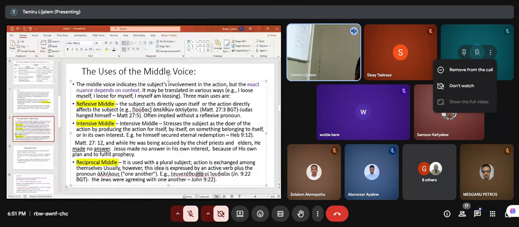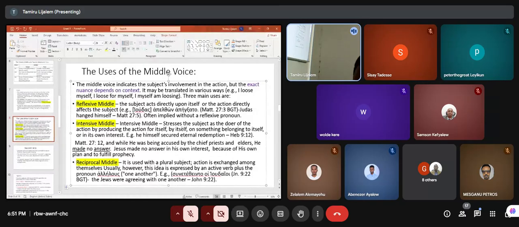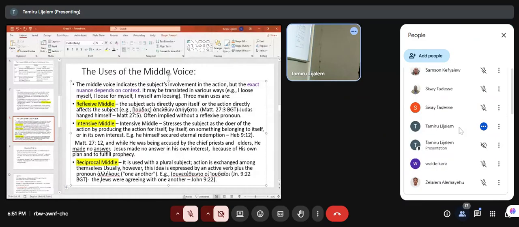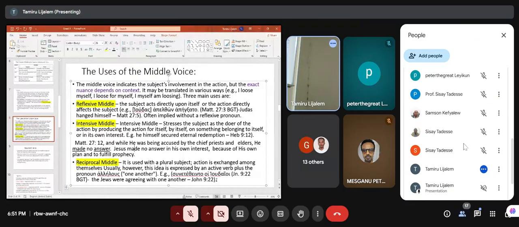So this one is not the present tense. It is historic, secondary tense. We'll discuss this one later. So this one is: the Jews were agreeing. This one is the past tense, past continuous, so we call that imperfect tense. So the Jews were agreeing with one another. So the reciprocal one another is the reciprocal middle.